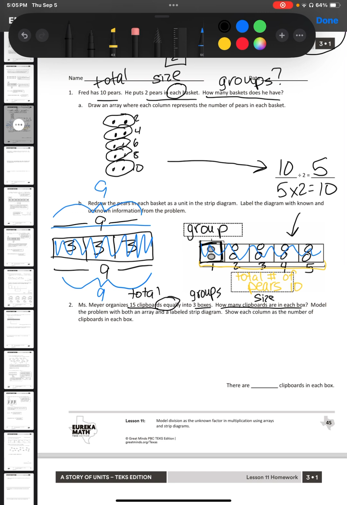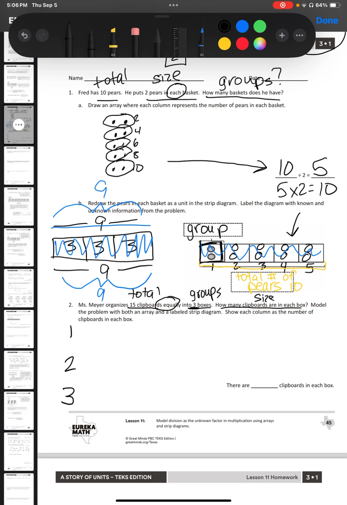It says model the problem with both an array and a labeled strip diagram. Show each column as the number of clipboards in each box. Well, if I know I have 3 boxes and I want to create an array, and the boxes are my groups. In an array, your groups are represented horizontally as rows. So I'm going to go ahead and mark my 3 rows because I have 3 groups. I need 3 rows.